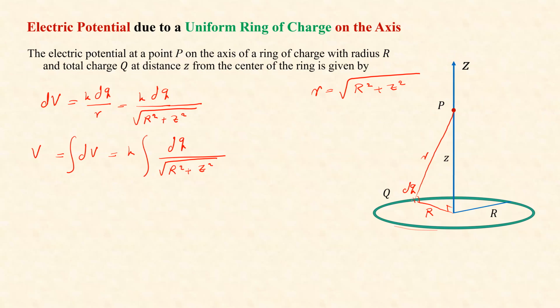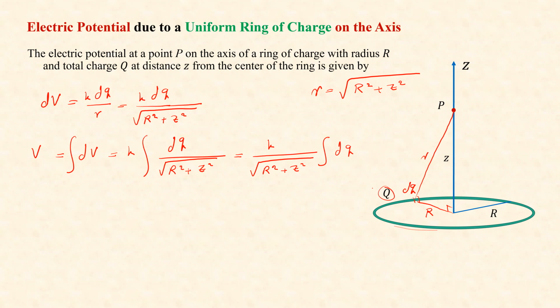But as dq moves around, does this quantity change? The z is constant, r is constant, so the whole thing is constant. So that one also comes out. So k over square root of r squared plus z squared, and then the integral of dq, which means adding all these dq pieces together.